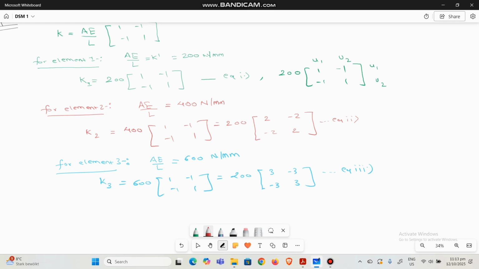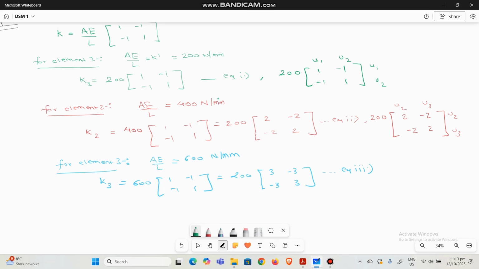Similarly for element 2, 200 times 2, -2, -2 and 2, this second element has u2 and u3, right? I'm just giving these indications, it is nothing else.